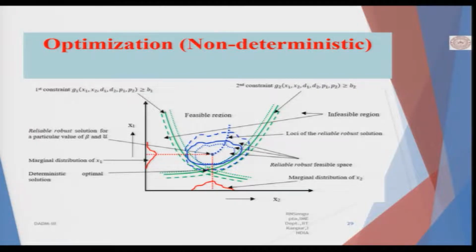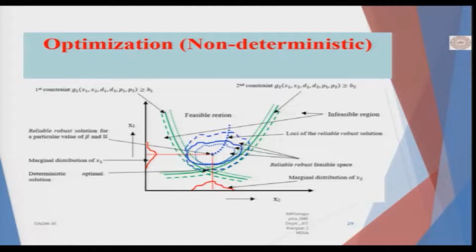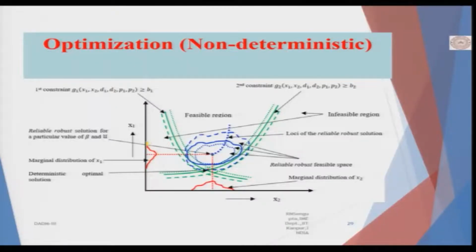It is in 2 dimensions, but it can be done in higher dimensions also. This red distribution is the marginal distribution of x2, fx2, and they are orthogonal. Remember, for the time being we are considering x1 and x2 to be orthogonal, and this red one along x1 is the marginal distribution of x1.